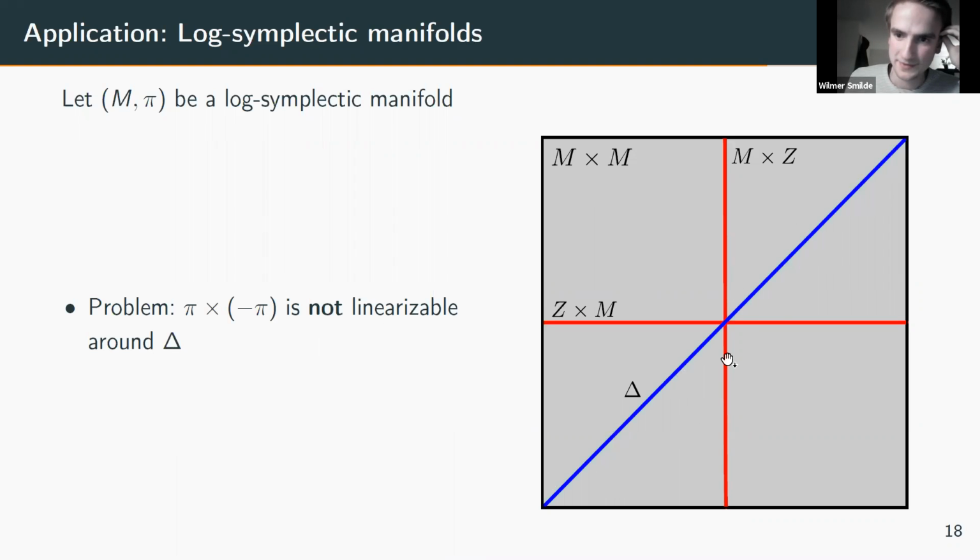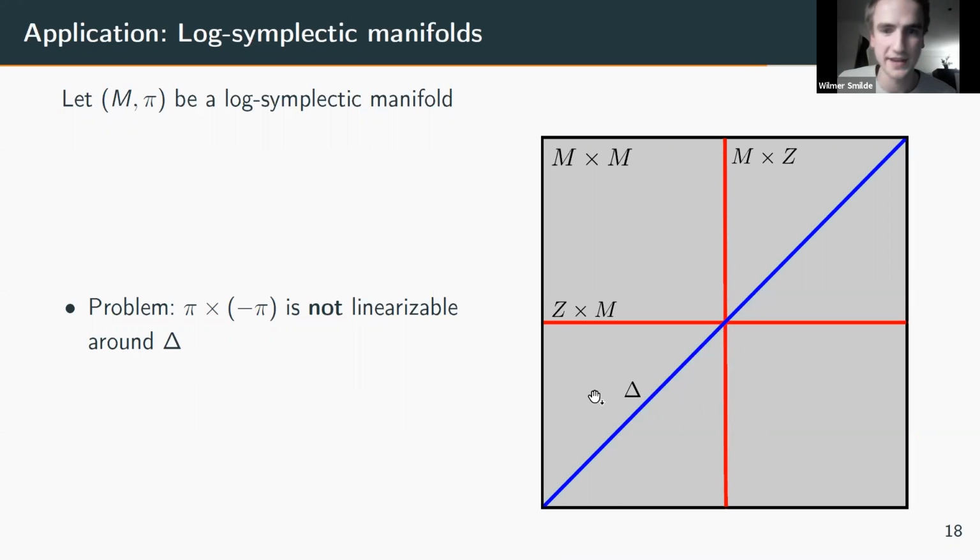This is because the product has some sort of normal crossing singular hypersurface, and this diagonal goes exactly through this normal crossing. If you look at the linearization of the Poisson structure around the diagonal, then it has no normal crossing. So this means that this Poisson structure cannot be linearized.